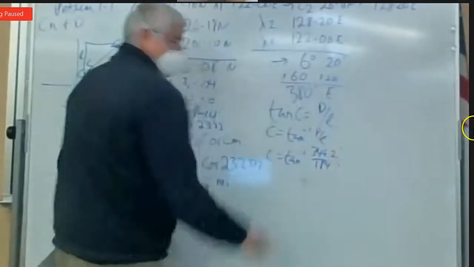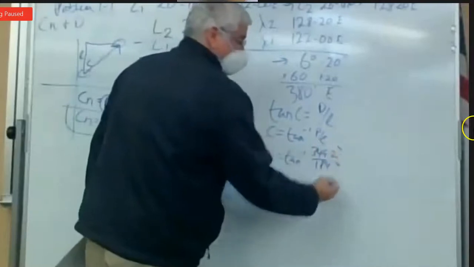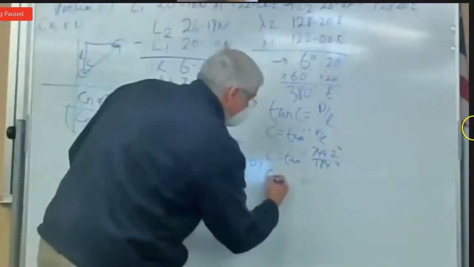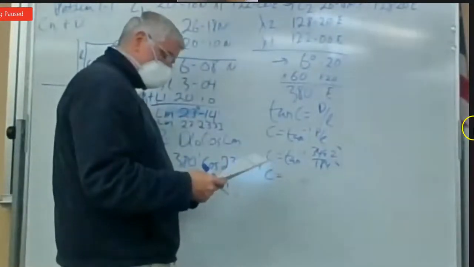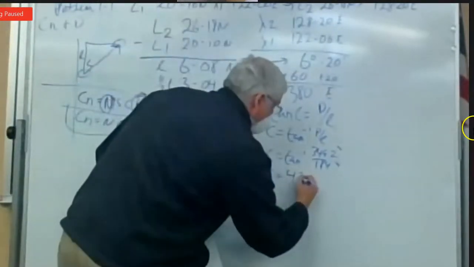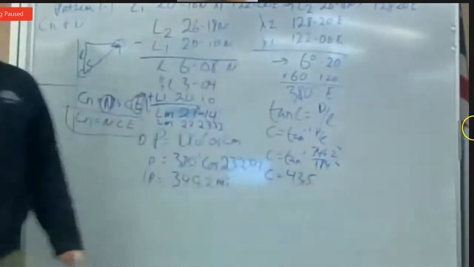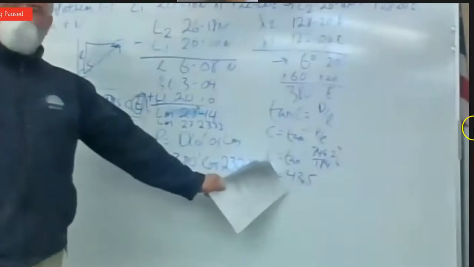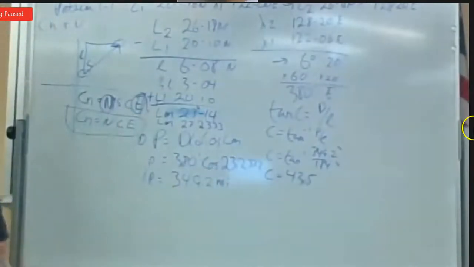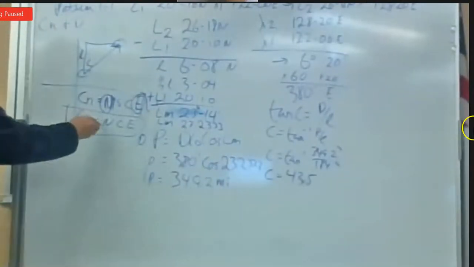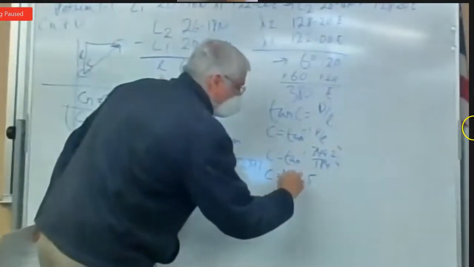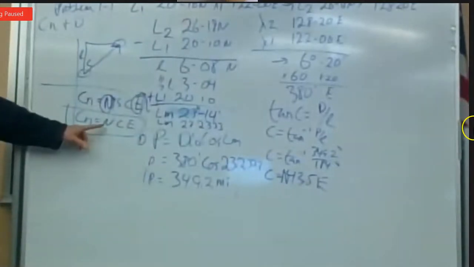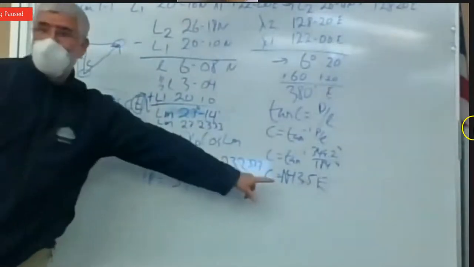The units cancel out, so it's unitless and not a problem. What do I get when I do that? The math ends up being 43.5. What is the prefix for the 43.5? Now it's north 43.5 east. The northeast thing from before comes over here.